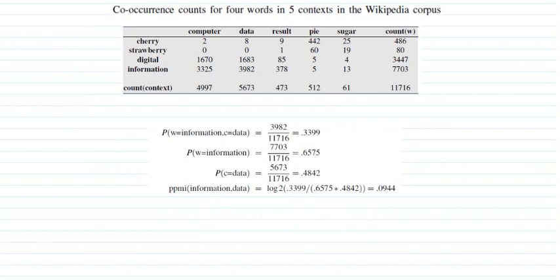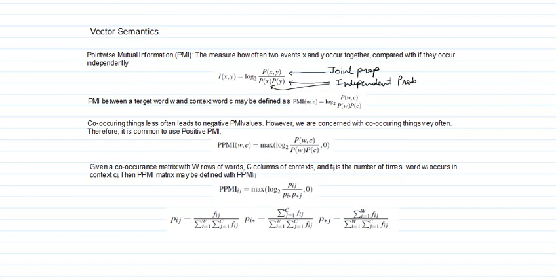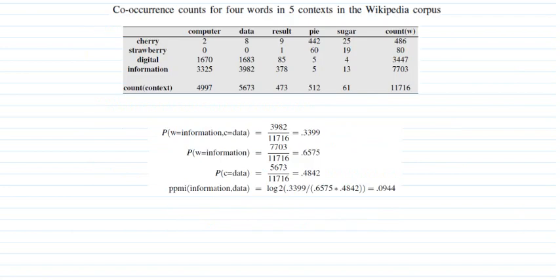So now P of W comma C is the frequency F i j, right?